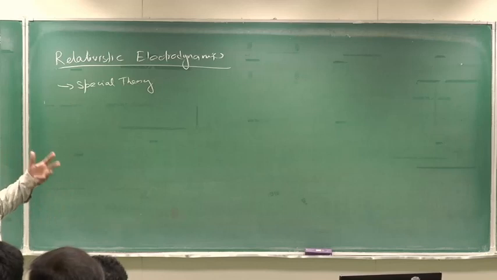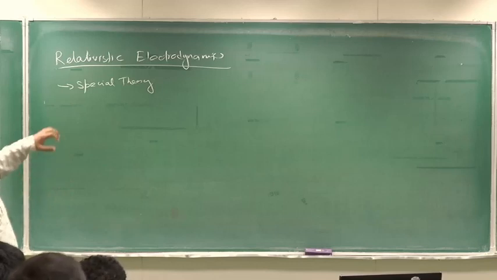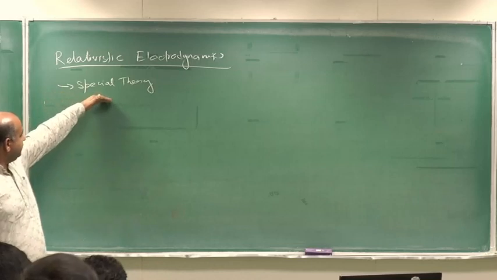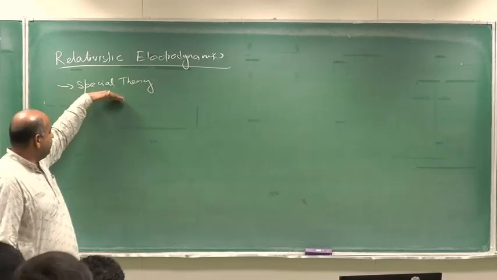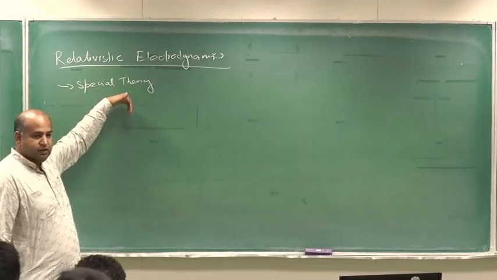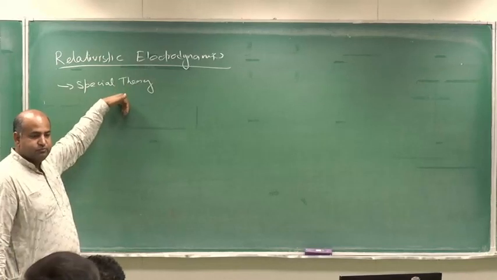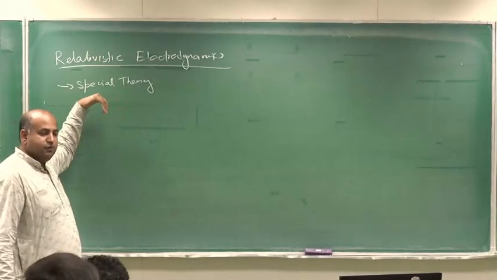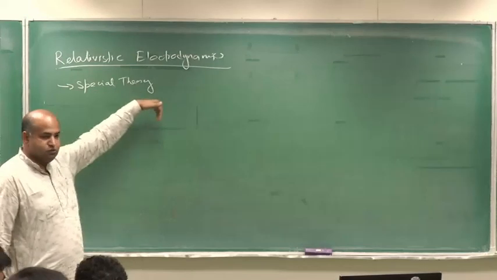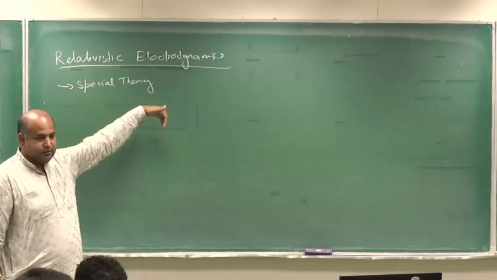We will try to cover all of that. And the end goal of special theory is how to transform mass, force, charges, currents from one frame of reference to another inertial frame of reference.